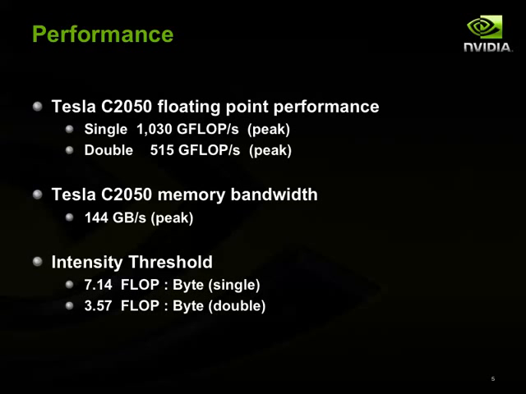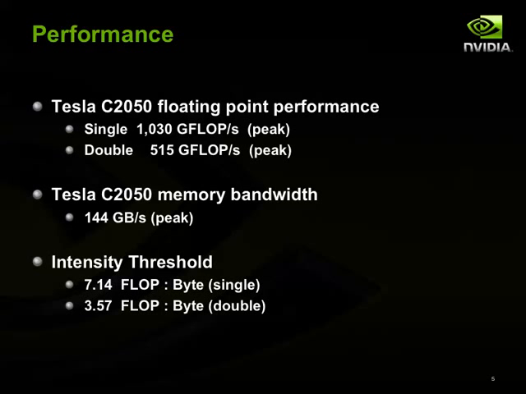If on the other hand your intensity is much below this number, which is our case, then the only thing that's going to get you better performance is economizing on your memory bandwidth. If you're firmly in one regime or the other, you really don't want to be concerned with reducing the use of the thing that's not binding your performance. It only makes sense to reduce your use of the thing that you're limited by.